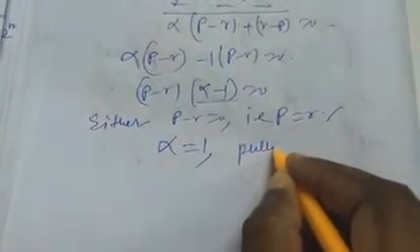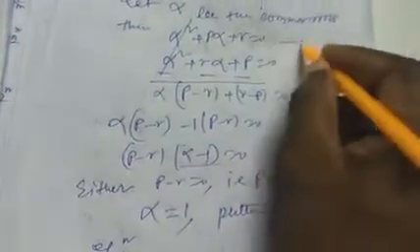So putting alpha is equal to 1 in the equation, then alpha square plus p alpha plus r is equal to 0, and that will be 1 plus p plus r equal to 0. Okay, this is the condition.